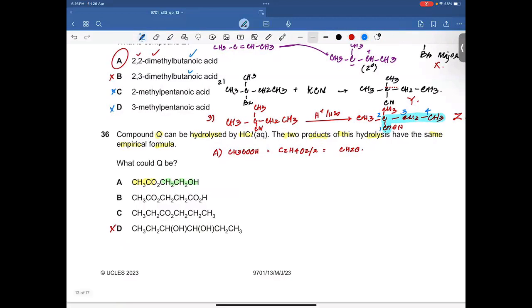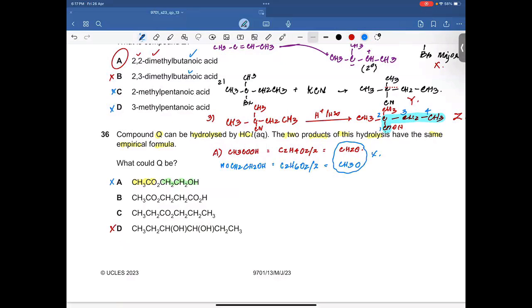The alcohol part is ethane-1,2-diol, CH2OH and CH2OH. We have 2 carbon atoms, 4 plus 2, 6 hydrogen atoms, and 2 oxygen atoms. If we divide by 2, I'll get CH3O. So both these empirical formulas are different, which means A is also incorrect.